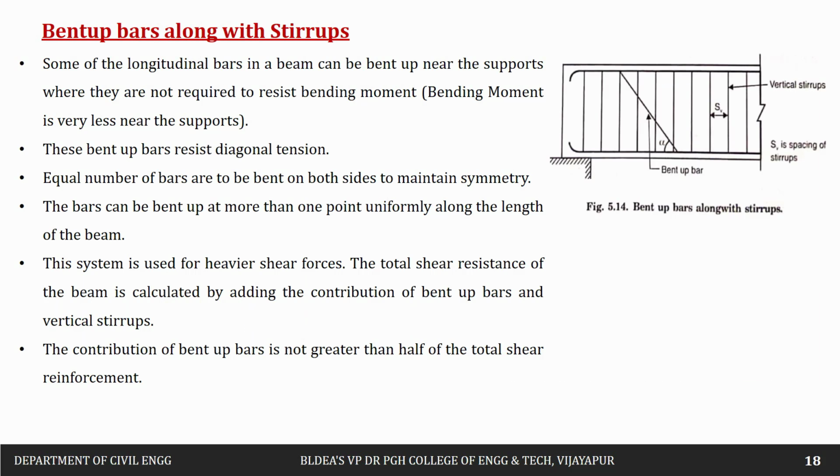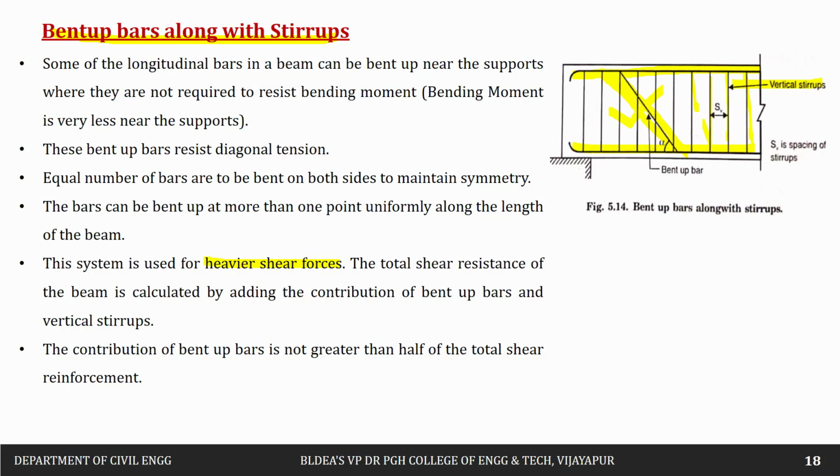Another type is to provide bent up bars along with the stirrups. In the figure, this is the top reinforcement and bottom reinforcement. They have provided vertical stirrups, but additionally they have provided bent up bars. This is used when we have heavy shear force.